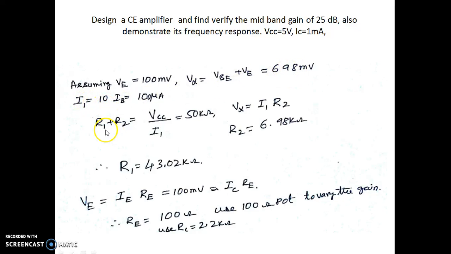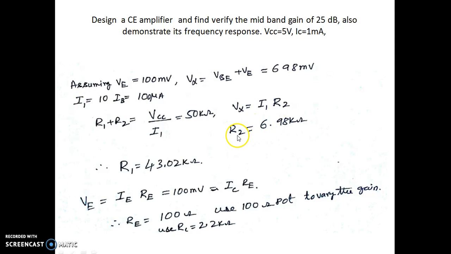Using these assumptions, we can get the value of R1 plus R2 as 50 kilo ohms, and we know that VB is equal to 0.698 volts, and we know the value of I1 to be 10 times IB, which is 100 microamperes.